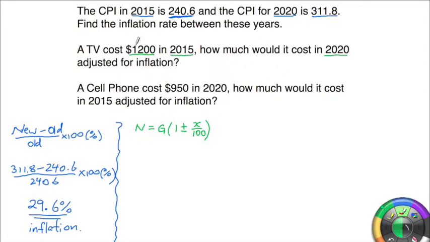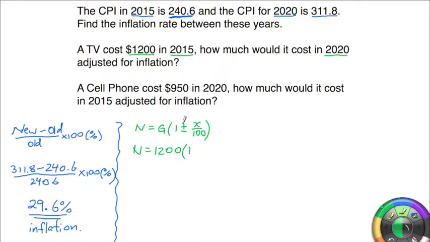So in this case, we're going to be taking 2015, which is the old price, and we're going to try to generate a new price in 2020. So this would become N, new. G was $1,200, and it's going to be 1 plus or minus. Plus is always a percent increase, no matter if you're going backwards in time or forward in time.